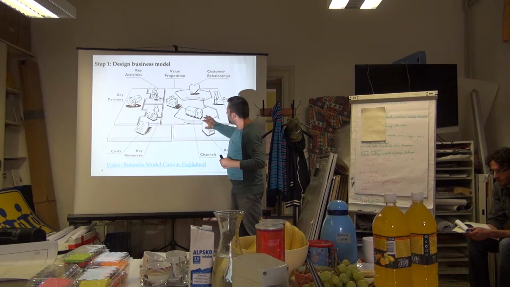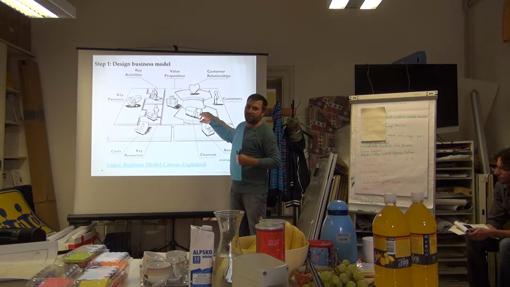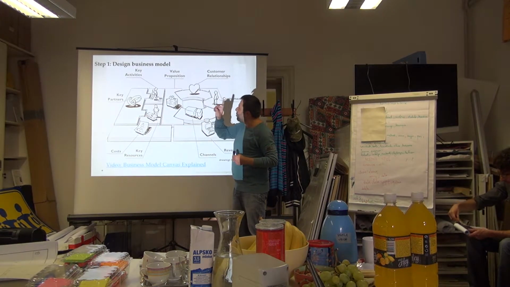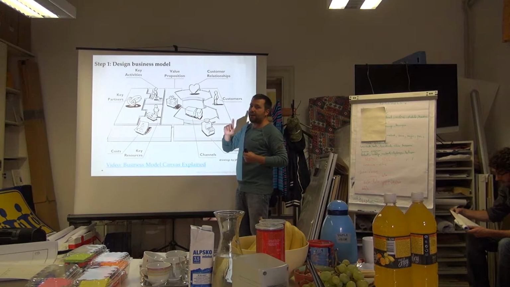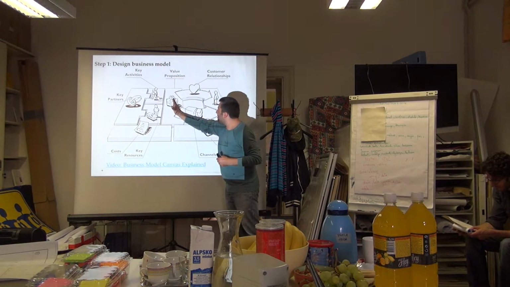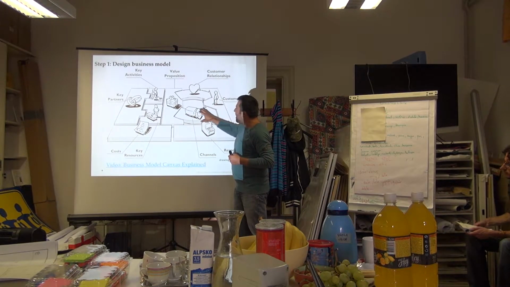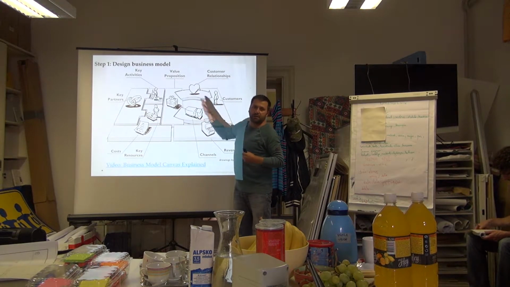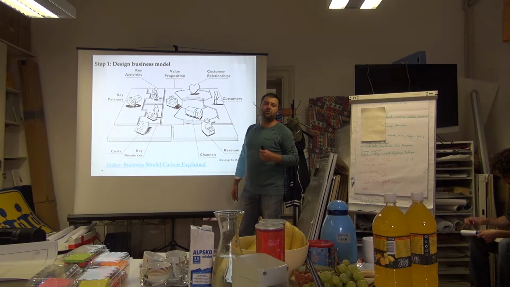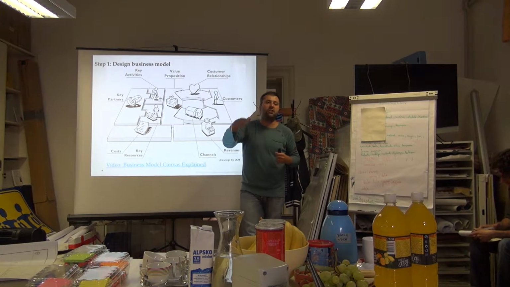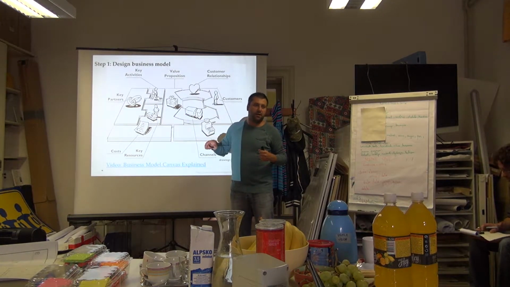So the third part, which is very important, is these channels, because it could happen, and it happens very often, that you have the right value proposition, that you have a good customer segment, but the people don't know you because you use the wrong channels. You use channels which are not used by your customers.